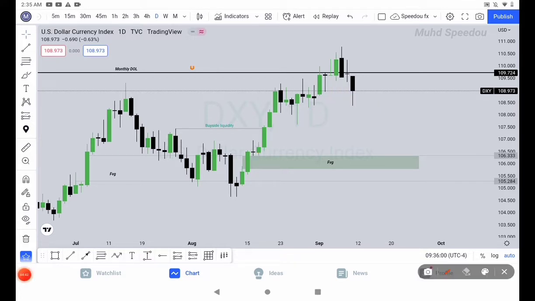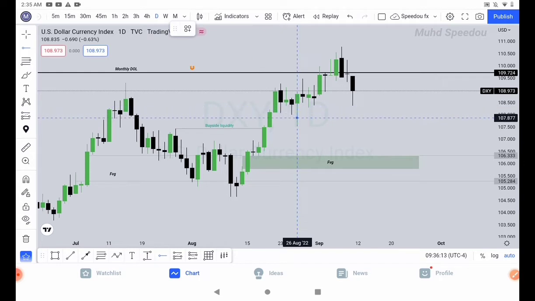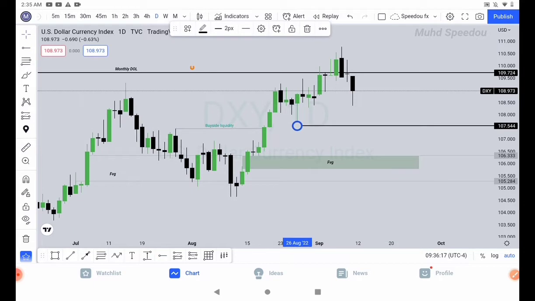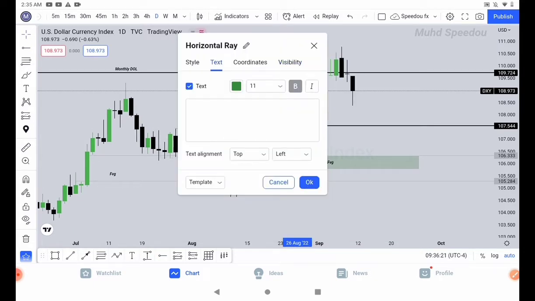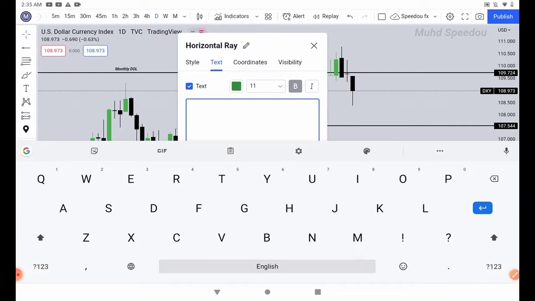For now, short term, I'm expecting the dollar index to come all the way and take this sell side liquidity, because as I told you previously, I'm bearish on the dollar index. So I'm expecting price to take this sell side liquidity and drop to this daily fair value gap.